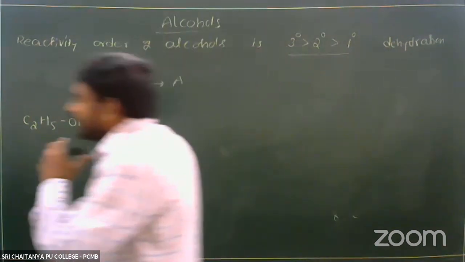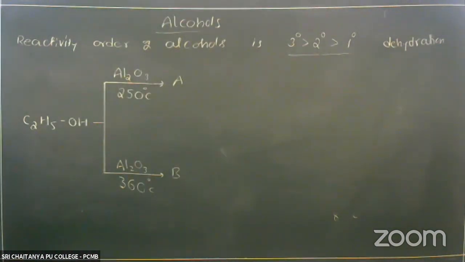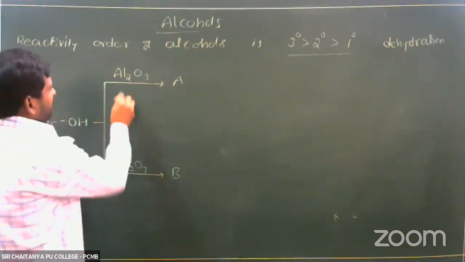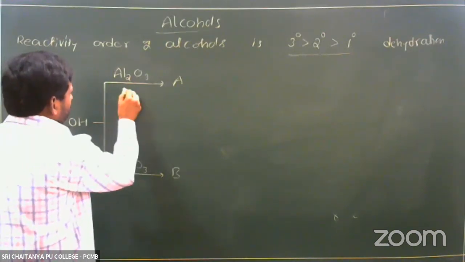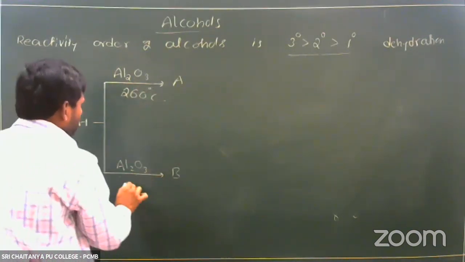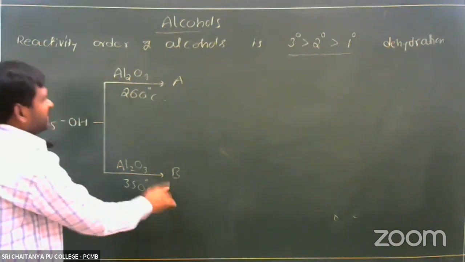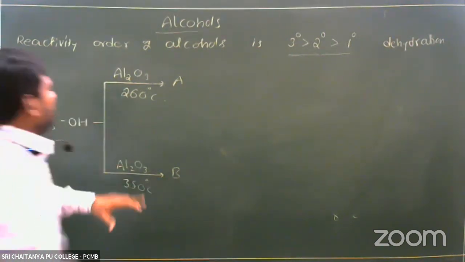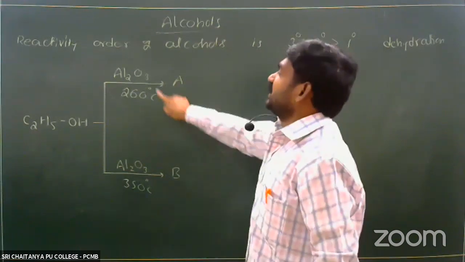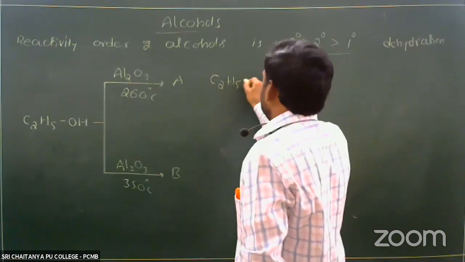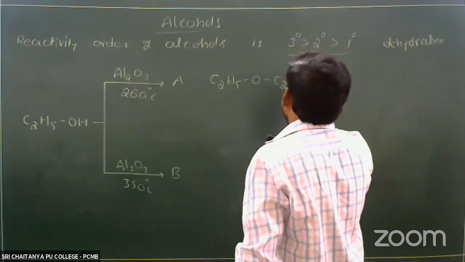So at about 260 degrees centigrade, the product formed is diethyl ether, C2H5OC2H5.